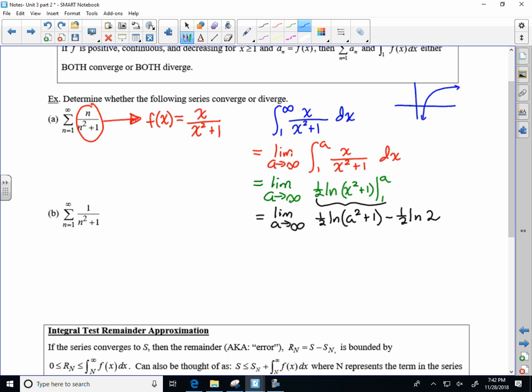It just won't be as great as the x infinity. So infinity minus a constant is still infinity. Therefore, we're looking at a divergent situation. That's telling me that the integral diverges, but because it goes hand in hand with the series, I now know that this series diverges.